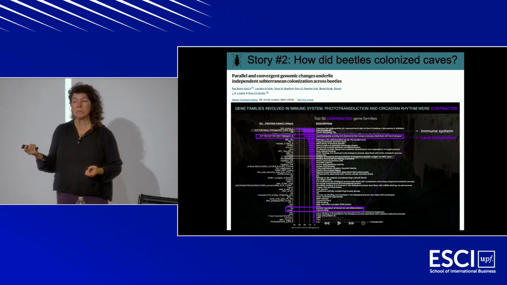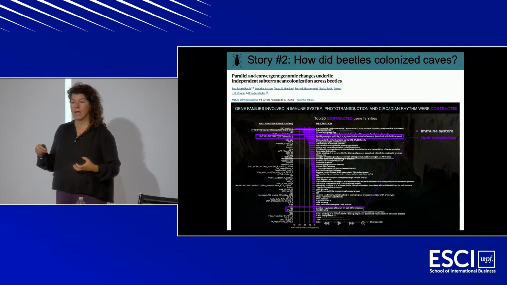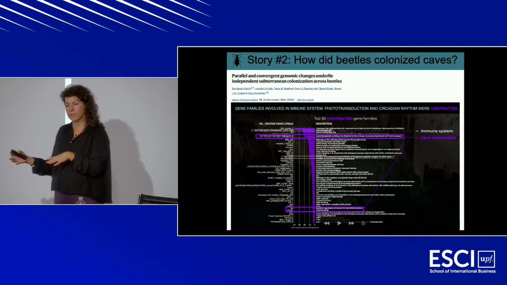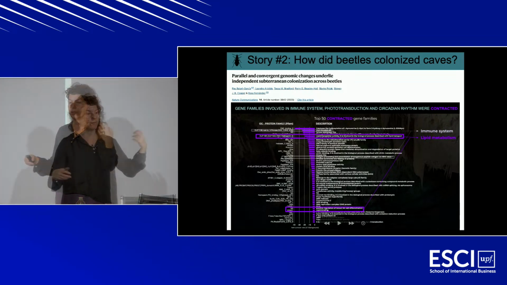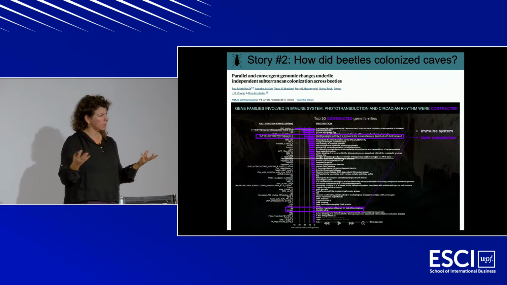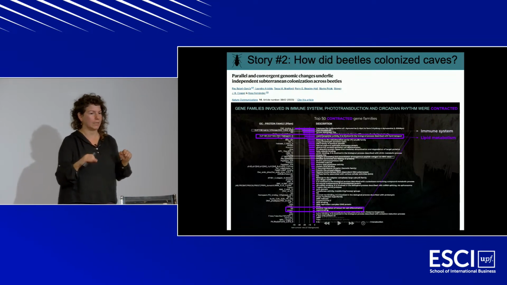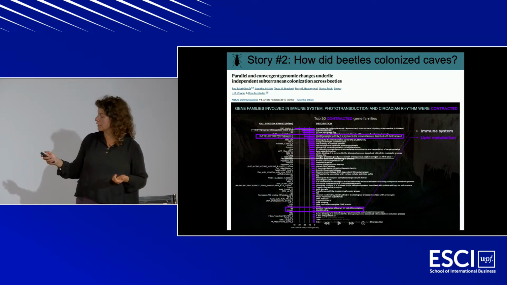Lipid metabolism, what we believe is that these animals tend to use different sources of energy in caves compared to surface because food is less homogeneous, right? You need to hunt for your sources in a space that doesn't have a lot of availability.